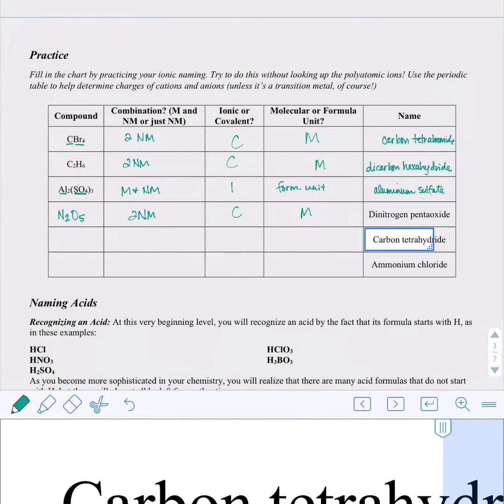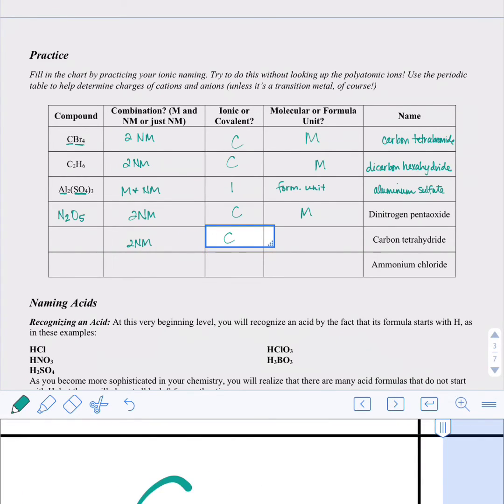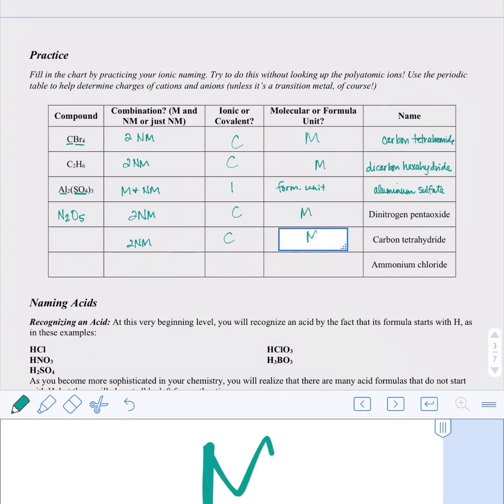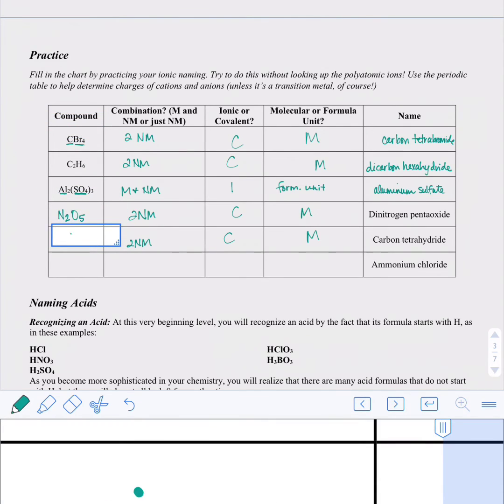Again, here's another prefix, so I know there are two nonmetals, which is called a covalent compound, which is called a molecule. And carbon tetrahydride looks very similar to our first example. It's carbon, tetra, 4 hydrogens.